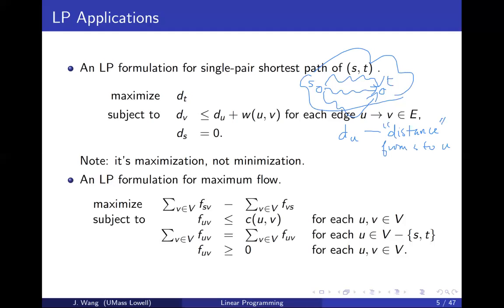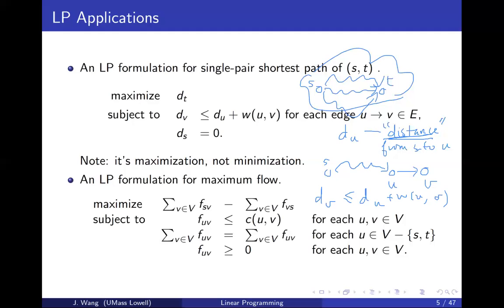This would just be the sum of weights of all edges on a particular path from S to U. Then if there is an edge from U to V, we can see that dV is less than or equal to du plus w(U,V), because we want the shortest one, so this is less than or equal to.